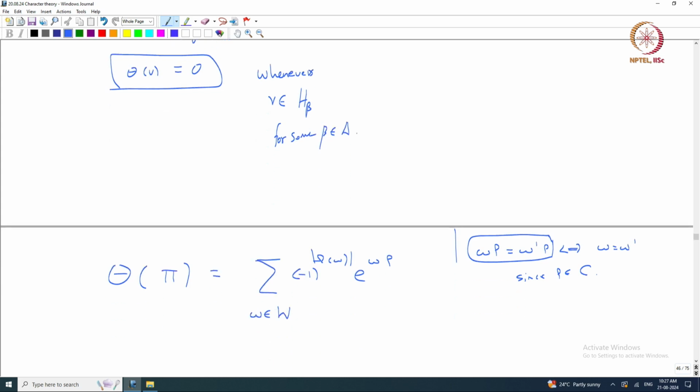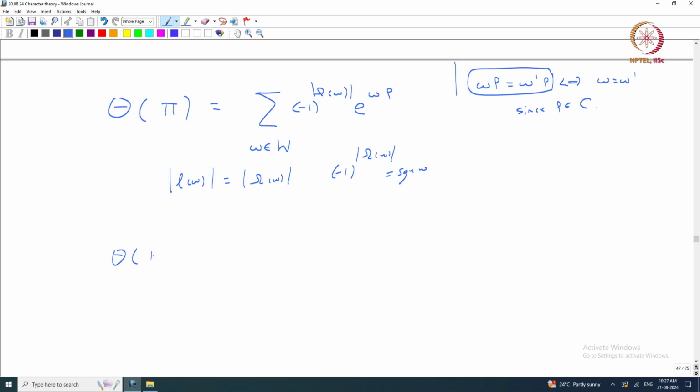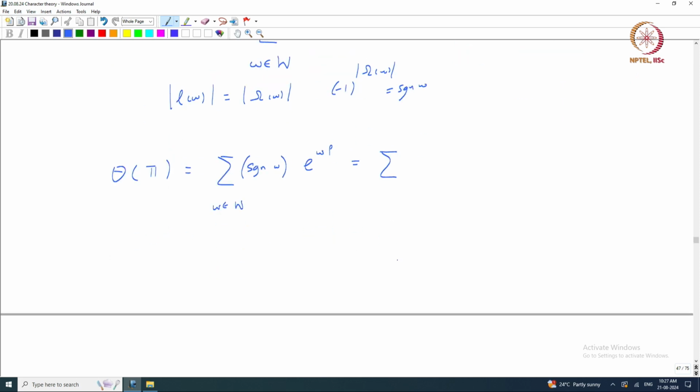Okay. So, now note that the length of w is the same as the cardinality of omega of w. So, that implies that minus 1 power the cardinality of omega of w is the same as sine of w. So, this theta of pi is nothing but the summation of sine of w, e power w rho, w in W. So, this is the sum sign. Okay.